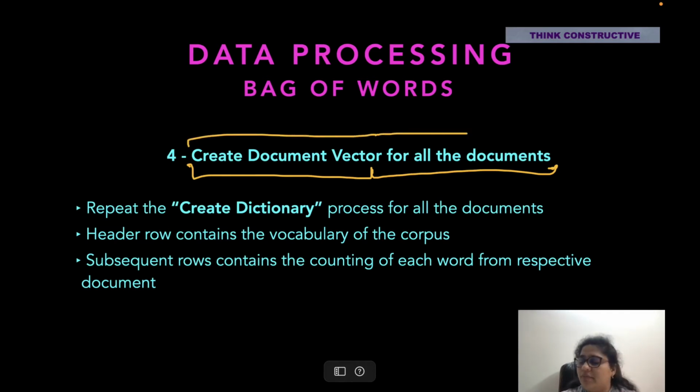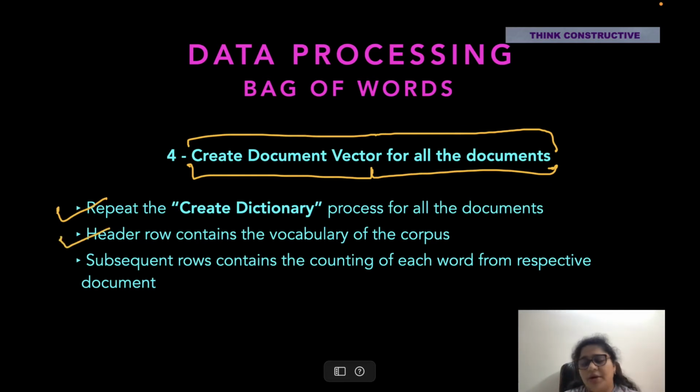So this step I should be repeating for all the documents, but in the same table. In create document vector, I had created one table with document 1. The same table I will be continuing for documents 2 and 3 also. Okay. So that means repeat the process for all the documents.